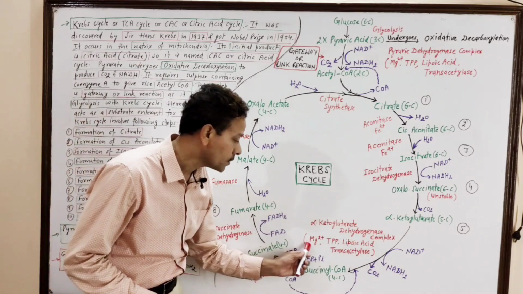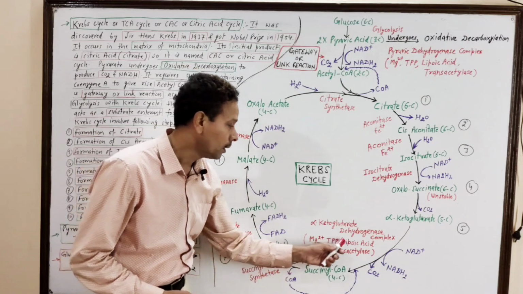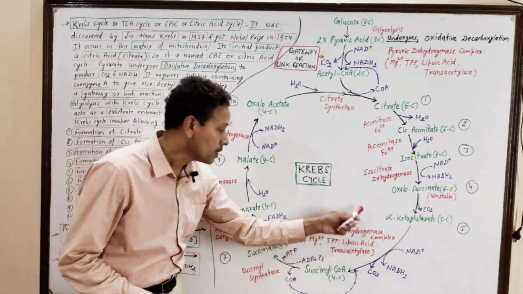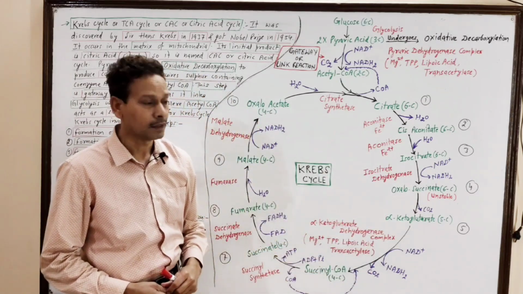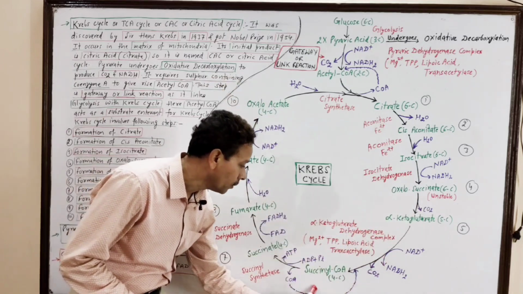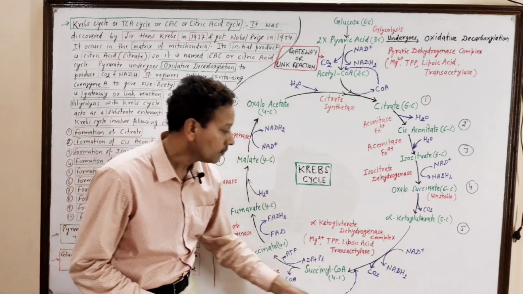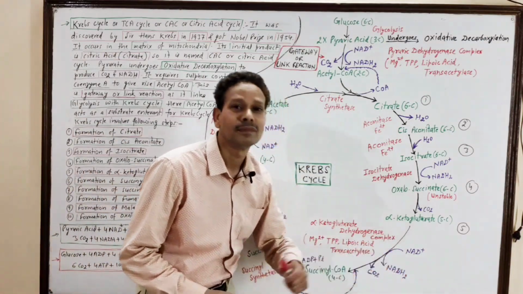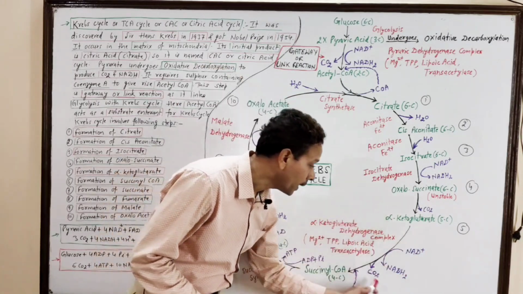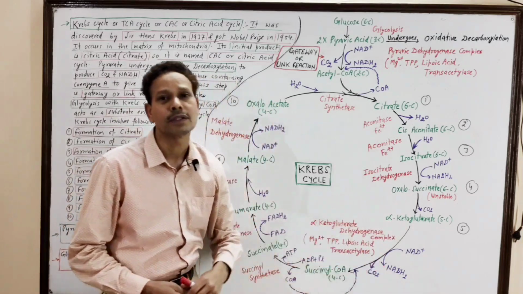That complex consists of Mg positive 2 ions, TPP, lipoic acid and trans-acetylase. In the presence of this enzyme complex, this alpha ketoglutarate 5-carbon compound is converted into 4-carbon compound, that is succinyl coenzyme A. In presence of NAD plus, this step again produces NADH2 as well as it removes CO2.